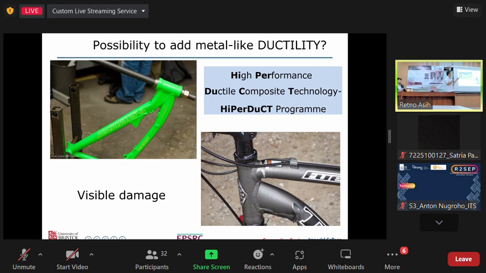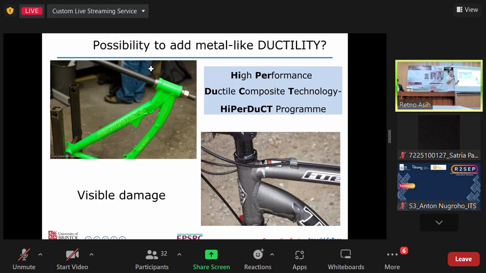So this is the aim of the HiPerDuCT program: what if we can design a fiber composite material, in this case a carbon fiber composite, that can behave like a metal when there is a load acting on it? Is it possible for it to deform first and then have physical damage?